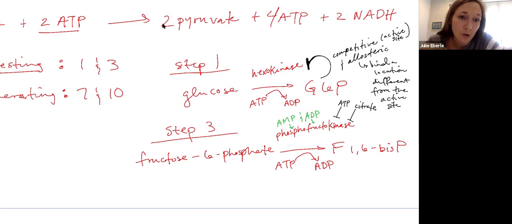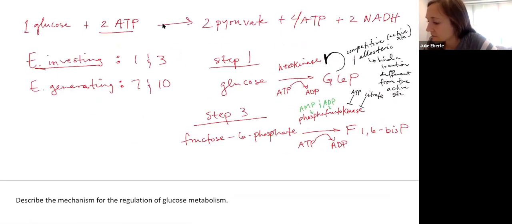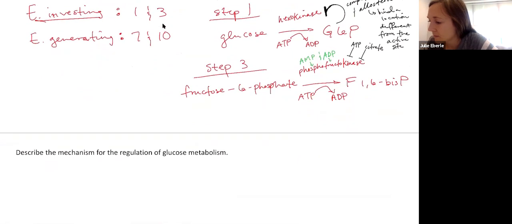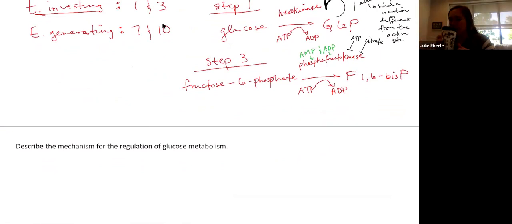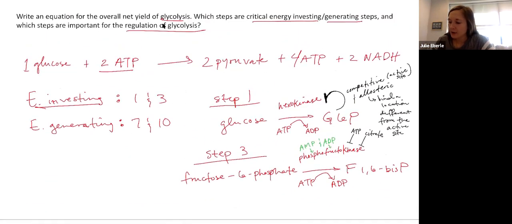If ATP is low, then the concentrations of ADP and AMP are high in the body, and those act as positive allosteric regulators for phosphofructokinase. Okay, any questions on that?